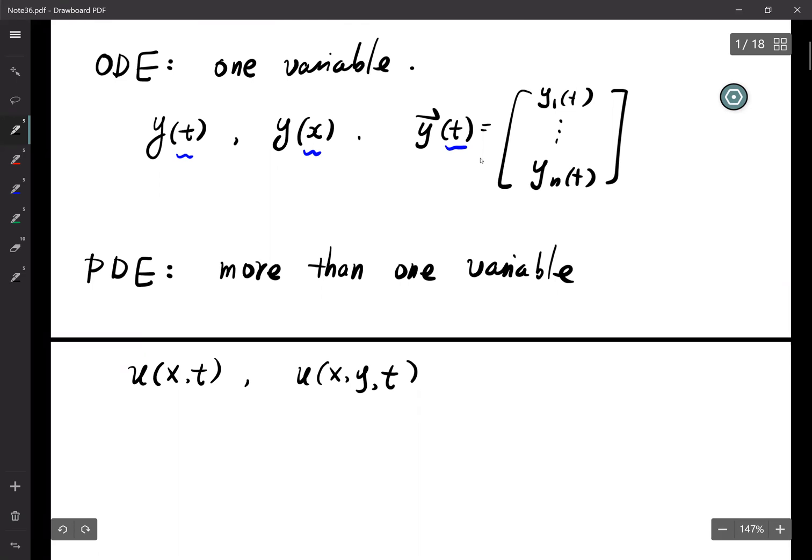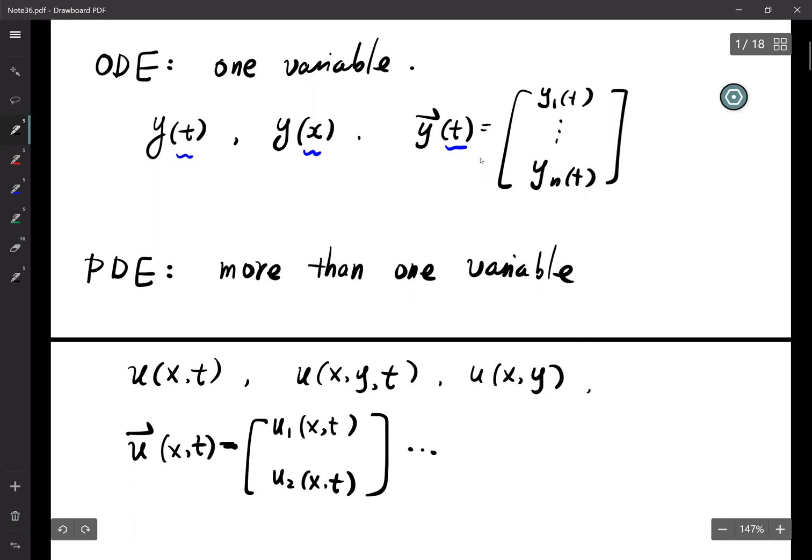As far as we know, so far we only know one time variable, or maybe we're dealing with a steady state, so there's no time variable. It can also be that this u is not a scalar, but a vector, so that it contains more than one component. All of these are examples of PDEs.